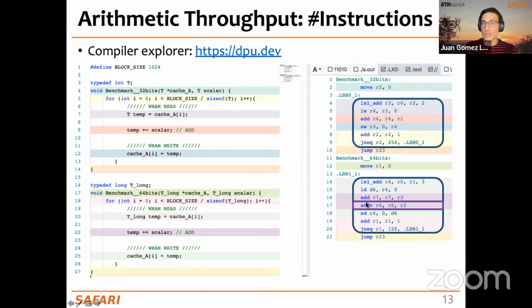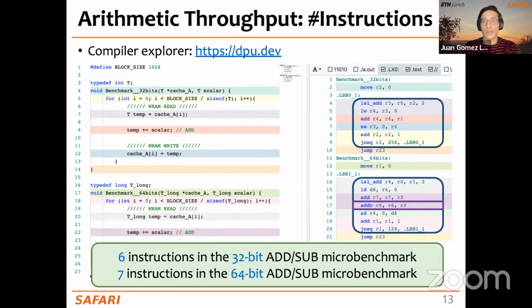In the first addition, we add the least significant 32 bits of the input operands, and with the addc, we sum the carry that comes from the previous sum plus the 32 most significant bits of the 64-bit operands.